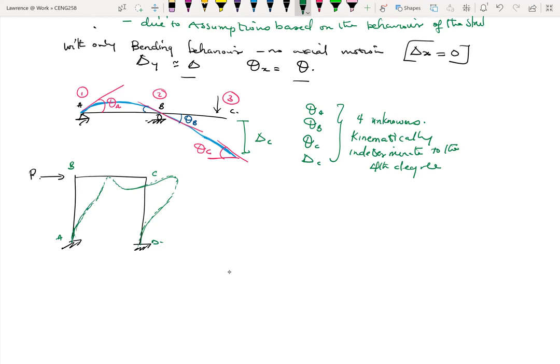So we can see that our B has now moved to a point called B prime. This is our C prime. So there is some deflection here and some deflection here.